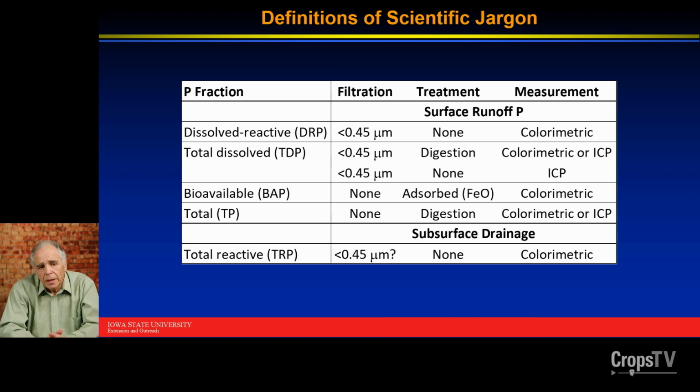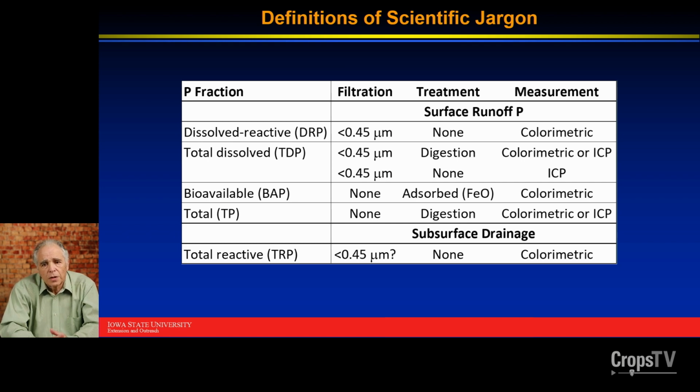Then we have bioavailable P, which the most common method is what we call the filter paper coated with iron oxide. And this is a long shaking, with runoff, with paper coated with iron oxide that absorbs the phosphorus and then is removed, and measured.